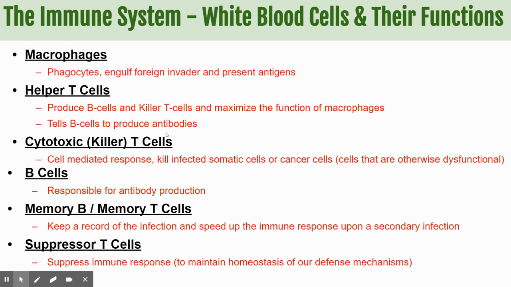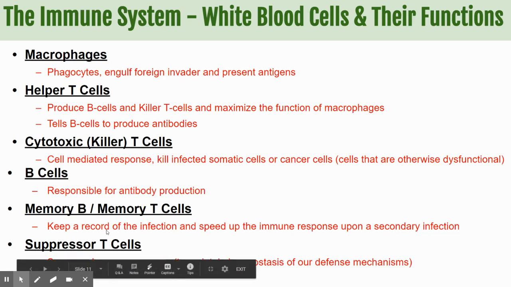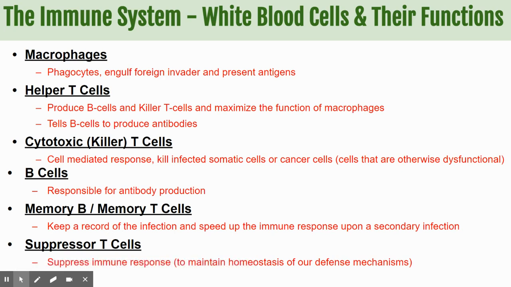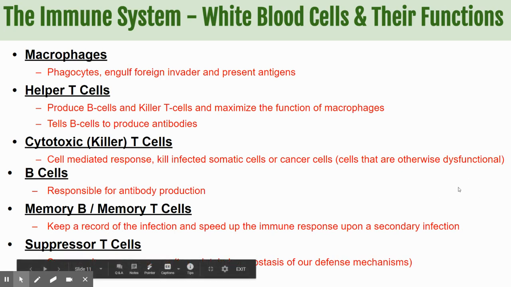They tell the B cells to produce antibodies. Then you have your killer T cells, or cytotoxic cells, and they help kill infected cells. The B cells are responsible for antibody production. Memory B cells and memory T cells keep a record of the infection so they can speed it up the next time. And then the suppressor T cells suppress and stop the immune response.